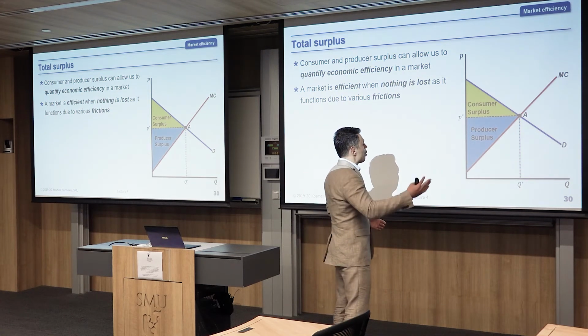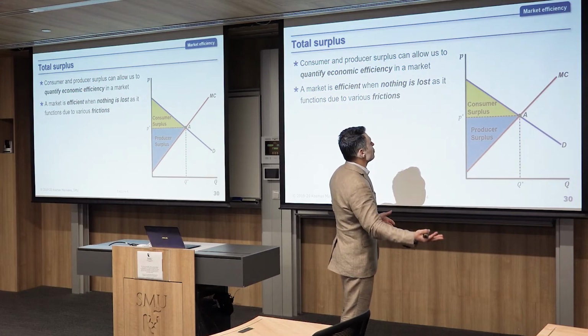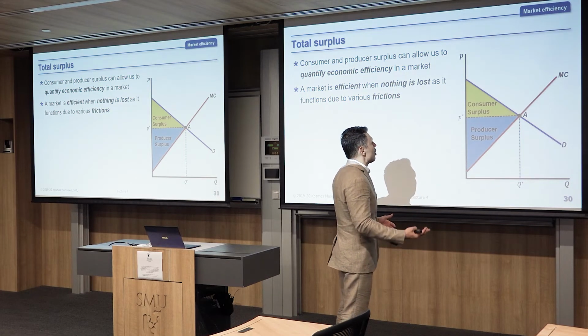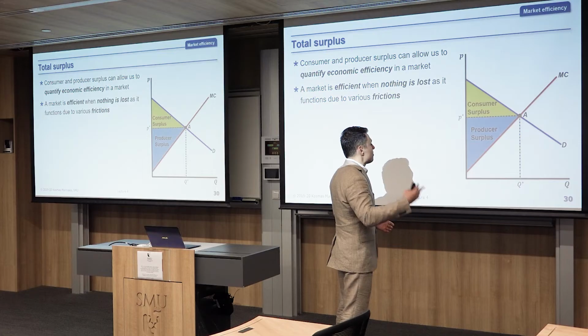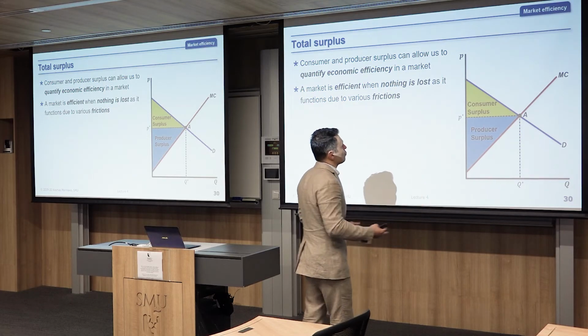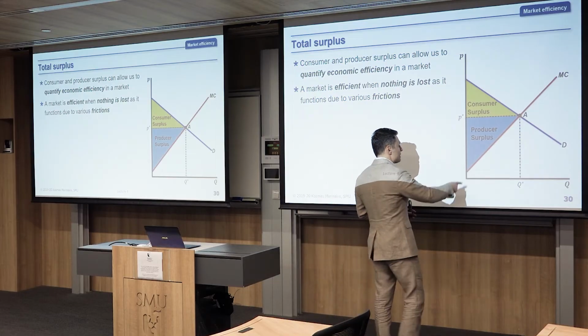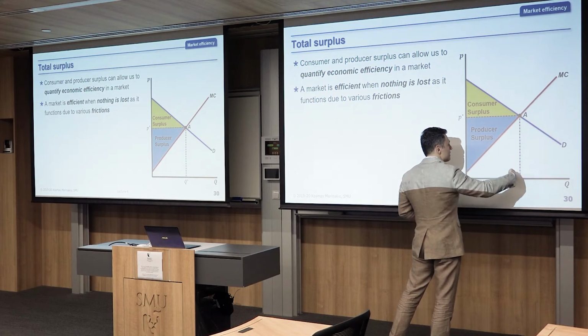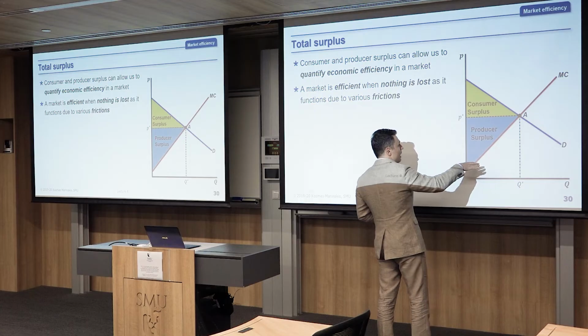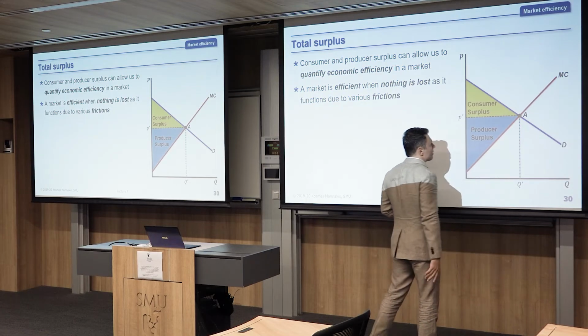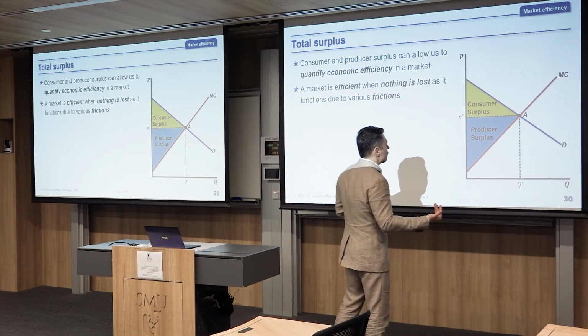On the right of Q star, nobody produces or demands anything because these quantities are above whatever is transacted in this market. So I want to understand what happens in this area between the MC and the horizontal axis on the left of Q star.